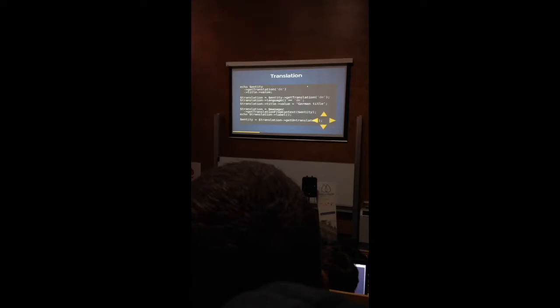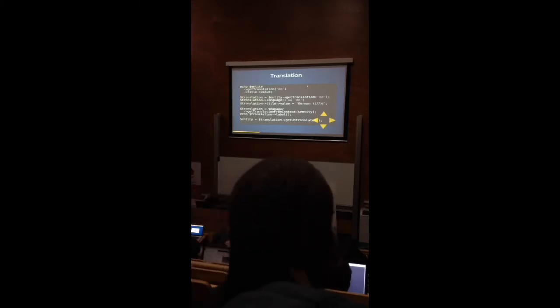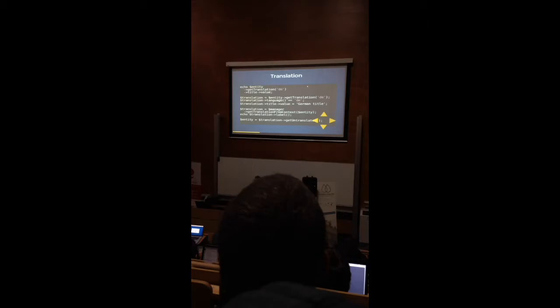Then you have a regular entity object, and you can continue to work with that, and you don't necessarily have to take care of the translation here. And when you have a translation or an entity object in general, and you want to make sure that you're working with the original entity language, you can get that by calling the method getUntranslated, which always gives you the original entity language object.